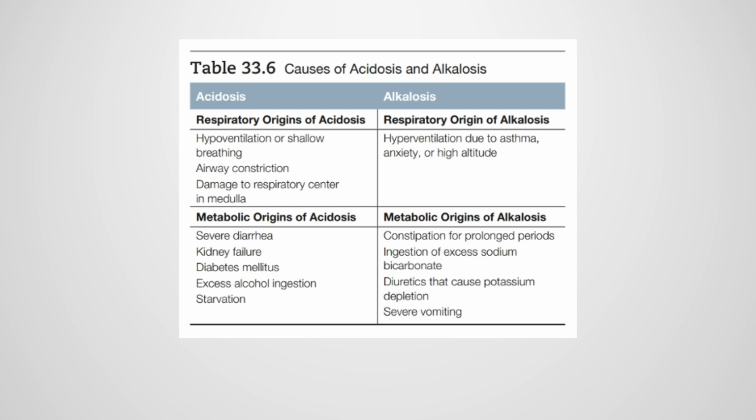And the last one I'll just mention, diuretics that cause potassium depletion. So if you deplete your potassium in your serum because you are on a very powerful diuretic, say, this will come up in another part of the talk anyways. So if you become hypokalemic, the cells will say, okay, we're going to move some potassium out of the cells because we can see that the serum and the interstitial fluid is low on potassium.